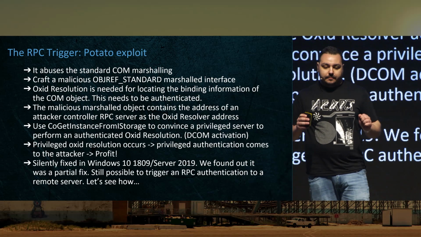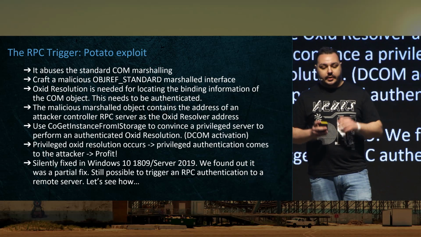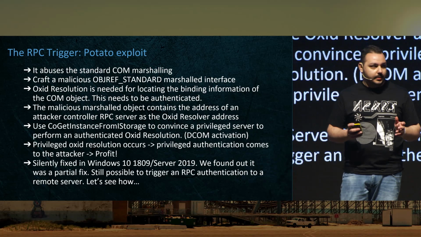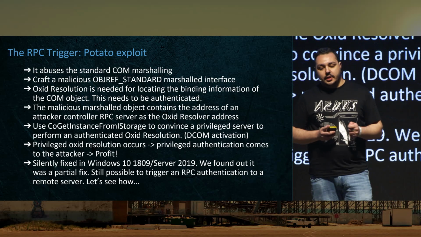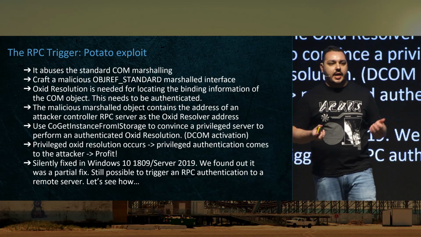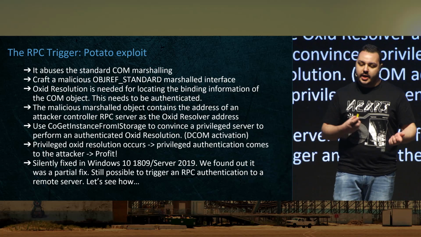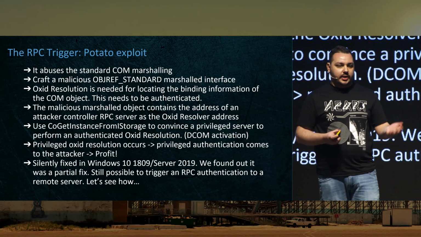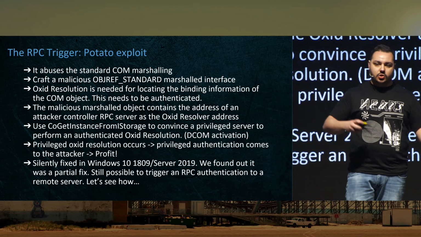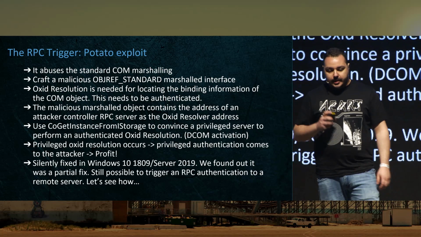First, the potato exploit, the RPC trigger, abuses the standard COM marshalling. If you are familiar with Java development, think of it as a kind of object serialization. Whenever I talk about marshalling and unmarshalling, think of it as serialization and deserialization.